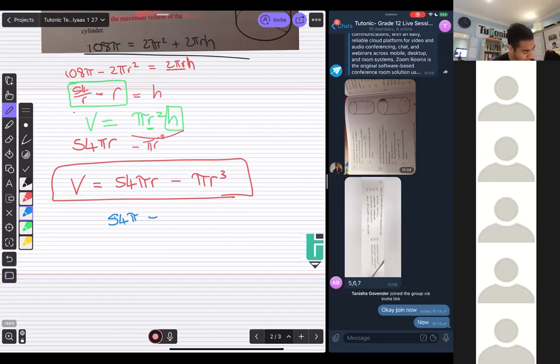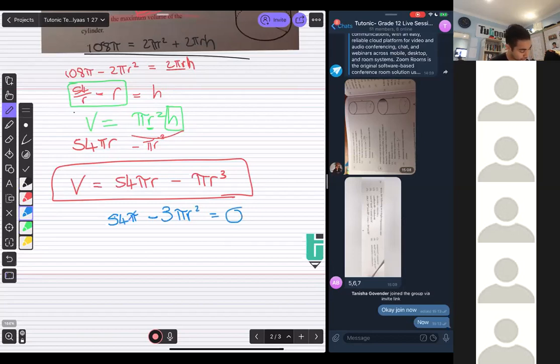And then this one, minus 3 pi r squared. And that must equal 0. Right.